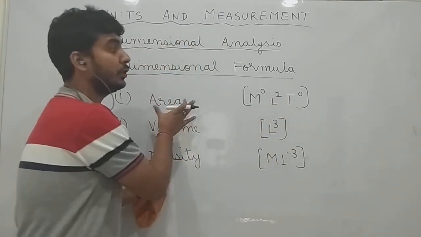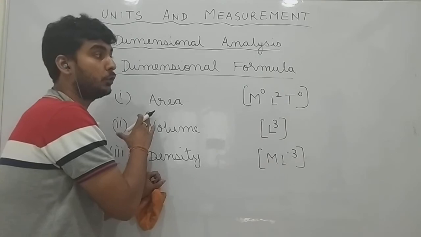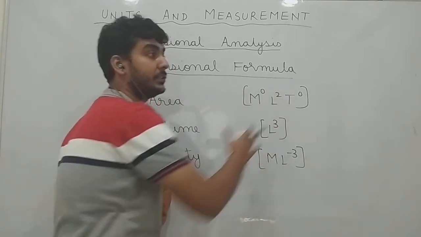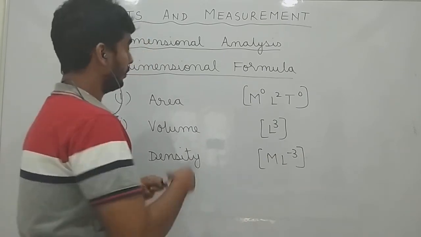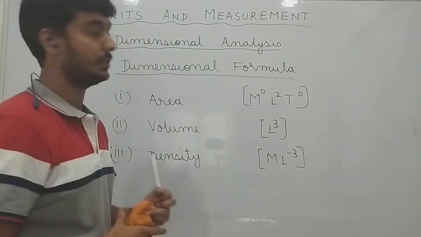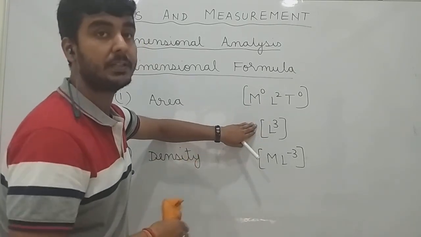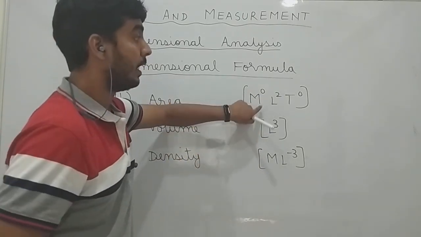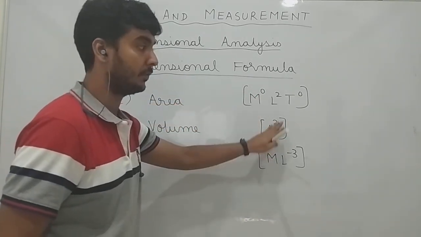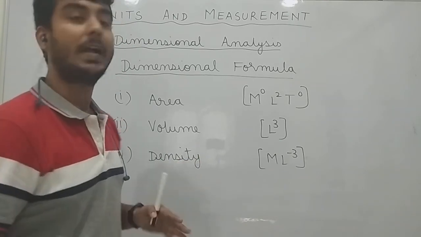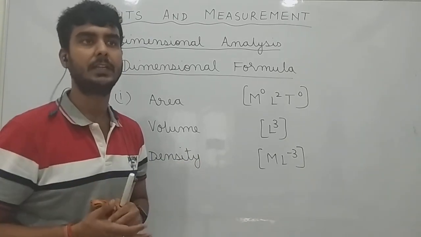This representation you will find in most textbooks, where every derived quantity is expressed in terms of the dimensions of these three, that is mass, length and time. Whenever a dimension is missing, you raise its power to 0. So you can write the others also this way. Kindly go through the dimensions of the derived quantities given in the textbook.